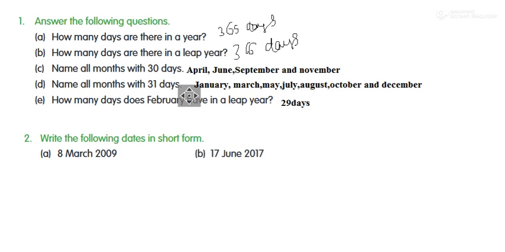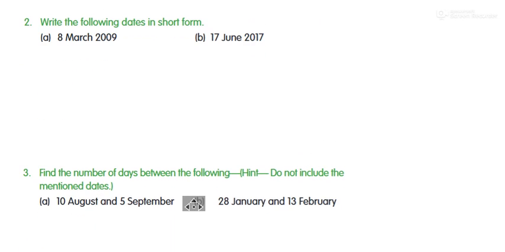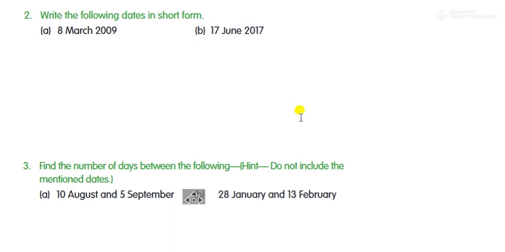Write the following dates in short form. So here, 8th March 2009. In the short form it's day, month, year. So here the day is 8 and the month is, sorry, the month is 3 and the year is 2009.